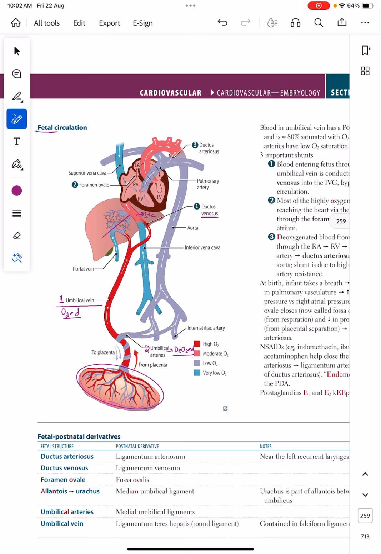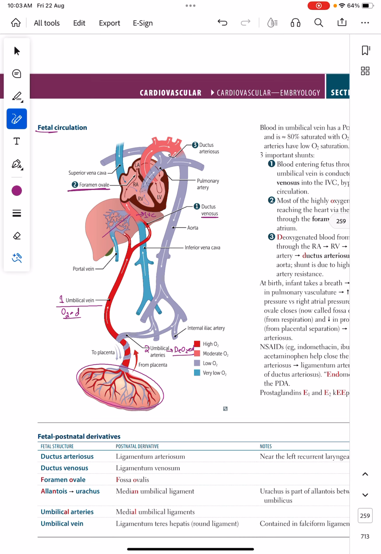From here, the blood reaches the right atrium. From the right atrium, the blood reaches the left atrium. As we studied, the right atrial pressure is greater than the left atrial pressure, so it reaches the left atrium through which foramen? The second shunt called the foramen ovale. And from here, when it reaches the left ventricle, it leaves the heart through the aorta and reaches the systemic circulation.